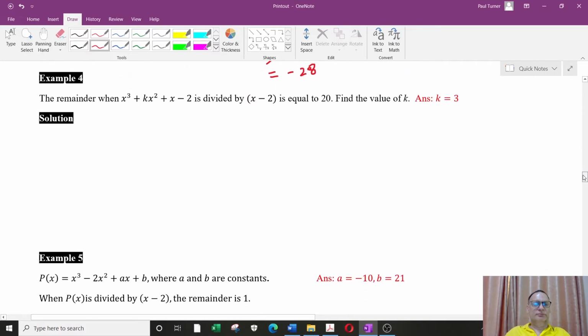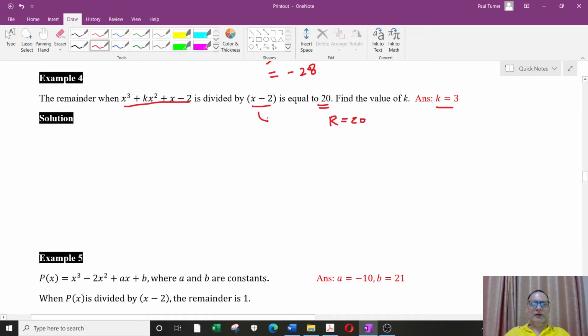Example 4. This is using the remainder theorem to solve a problem. The answer will be 3. Let's see if we can get 3. So the remainder when we divide this polynomial by x minus 2 is 20. So the remainder here is 20.